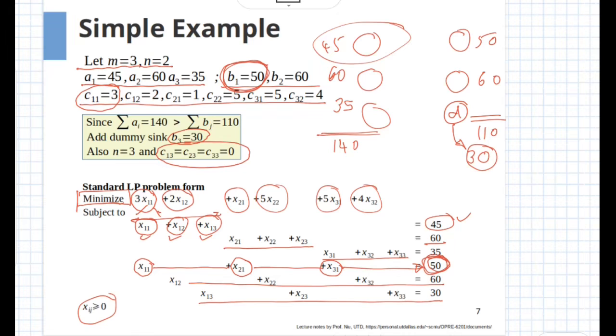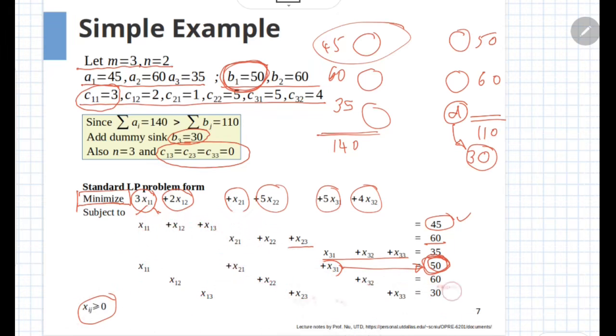Now this particular problem can be solved using the methods we have learned in the linear programming class. Note that although the equations are in standard form, they are not in the canonical form, in the sense we don't have any pivot quantities. For example, if you look at x11, the quantities along this column are not 0 everywhere.